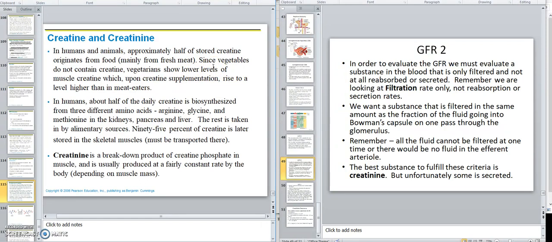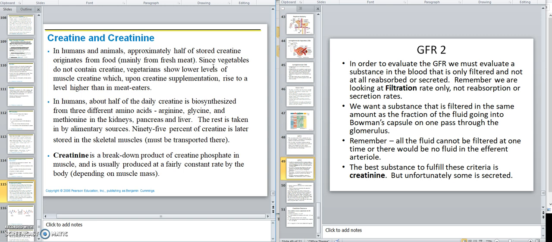Creatine was the second source of energy in your muscles, particularly skeletal muscles, cardiac too, but particularly skeletal, second means of energy after the ready available ATP. You had creatine phosphate. Go back to muscle. Remember, some people take creatine to get a little more energy.